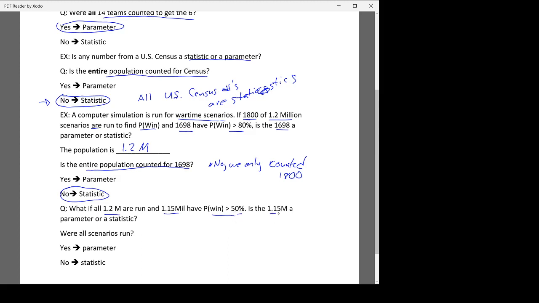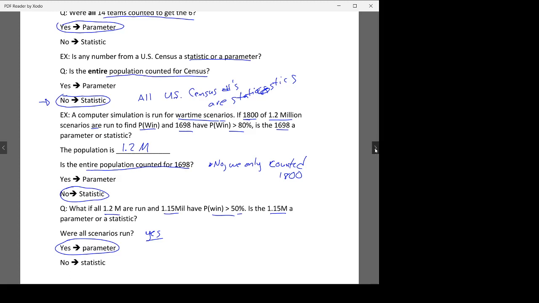Is the 1.15 million a parameter or statistic? So what do you think? Were all scenarios run? Yes. So then we would call it a parameter. Now in real life, you'll have some random variables in there, and there's no way you could run them all, but that's slightly simplified. You get the idea that there are some things where you can run all the scenarios and figure it out. But that's the difference.